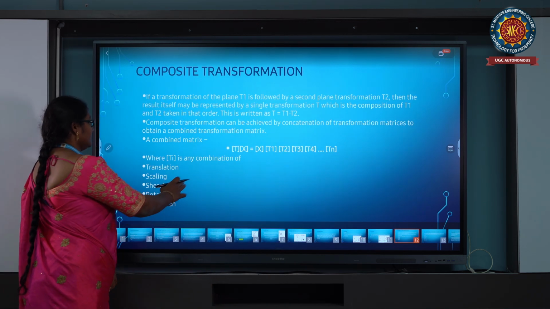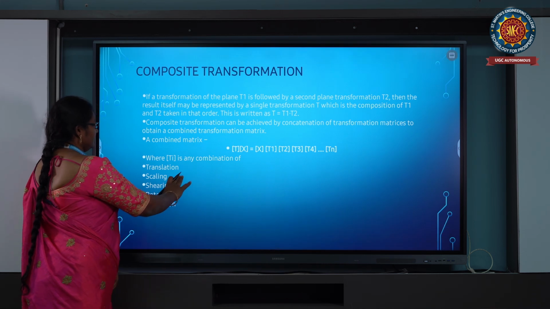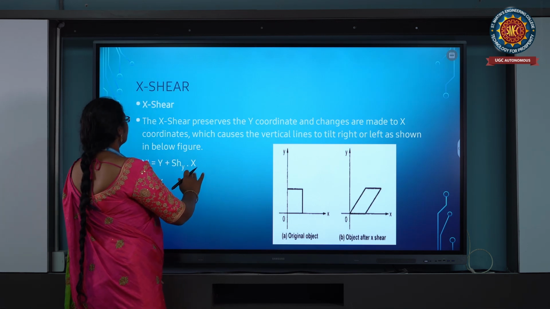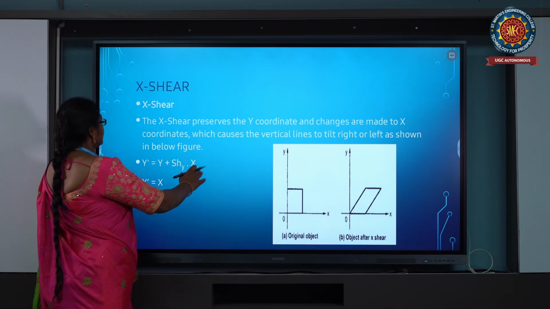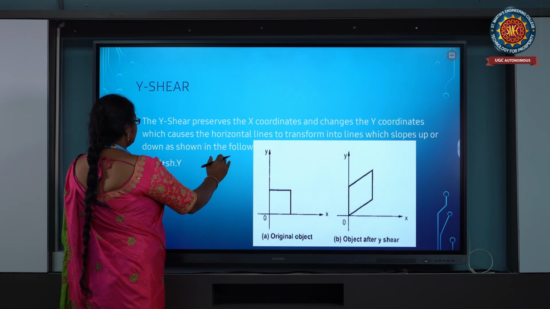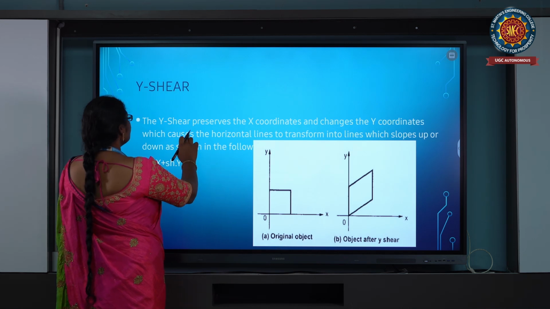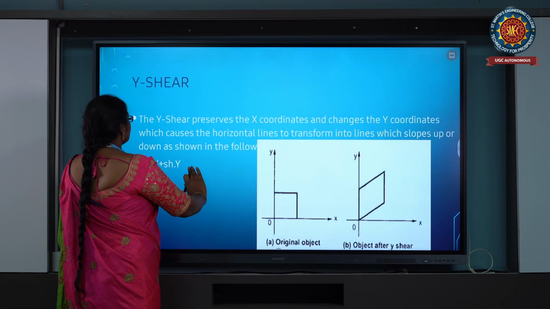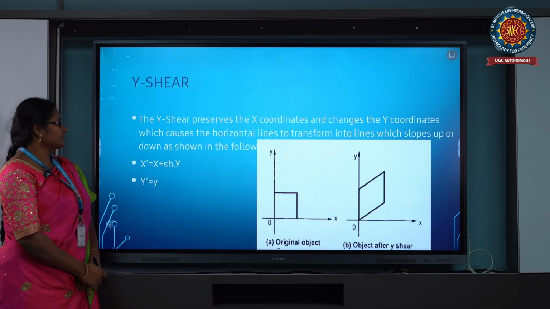Next, the y direction. This is the y shear transformation.